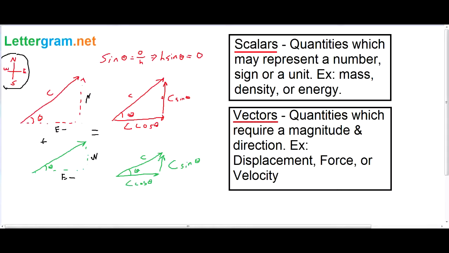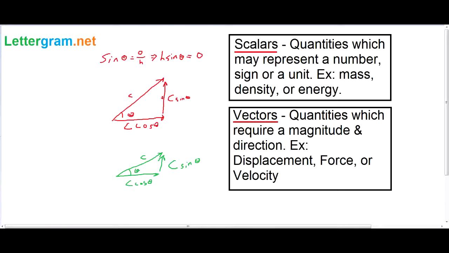So what we're going to do with this information, since they're all vector quantities and we're adding these two vectors, is take the vectors and add them all up in each direction. So I'm going to leave these two pictures here.